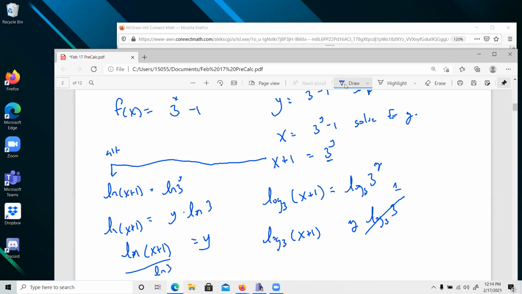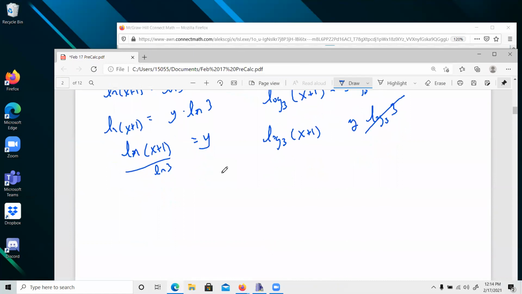Now, if you go back to remember your change of base formula, if you have log base b of a, you can pick any base you want. We'll call it base c, for common: log base c of a over log base c of b. And again, this equation works in both directions.